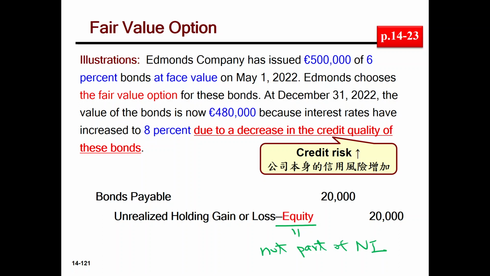So dash income or dash equity. Not part of net income. So where should we put it? Not net income. Remember, revenue minus expense, you get net income. We still have another part, what? OCI, other comprehensive income, if you remember.